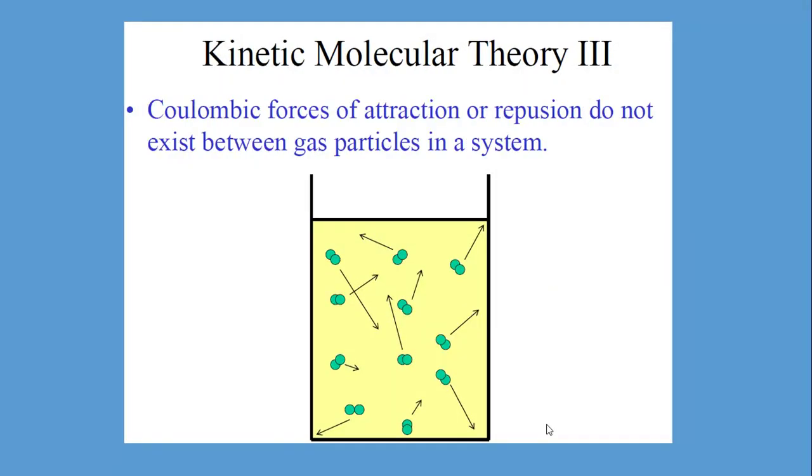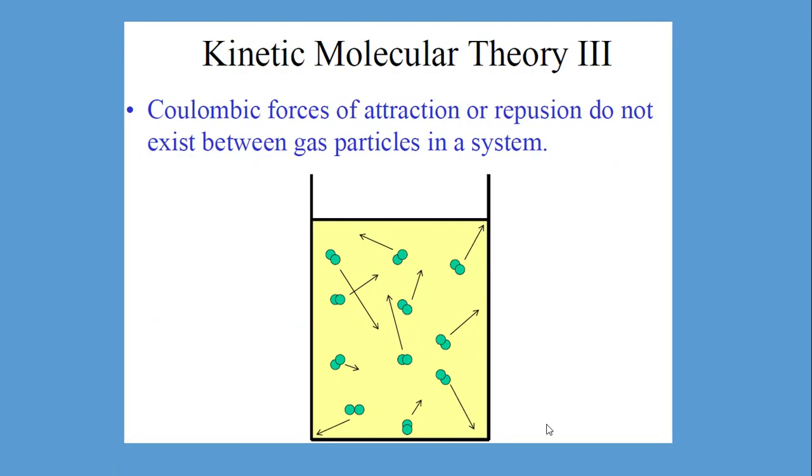The third part: Coulombic forces of attraction or repulsion, and I'm sorry that's spelled wrong there, do not exist between gas particles in a system. So what they're saying is, in general, there are really not intermolecular forces between gas particles in a system.